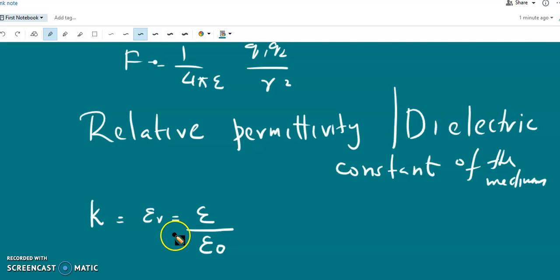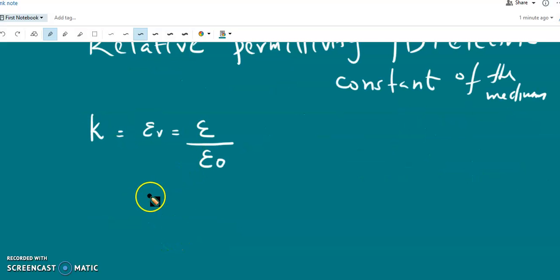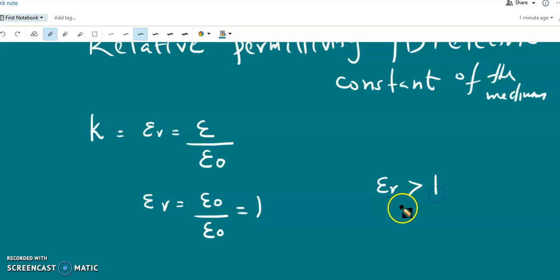So we know that for free space the epsilon R is equal to epsilon by epsilon 0, and epsilon 0 by epsilon 0 is 1. So for any other media the epsilon R is greater than 1. That means the permittivity of any other media is greater than the permittivity of free space.